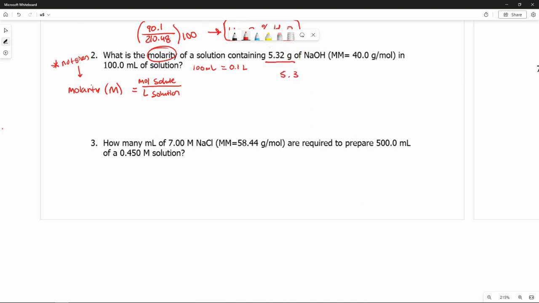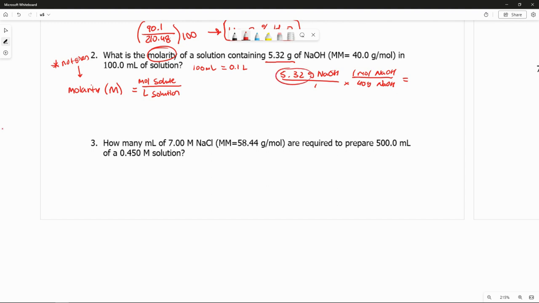Start with our given data, grams of sodium hydroxide. For every 1 mole of sodium hydroxide, we're going to have 40 grams of sodium hydroxide. Our grams of sodium hydroxide cancel out, giving us moles of sodium hydroxide, and that tells us we are good to solve.